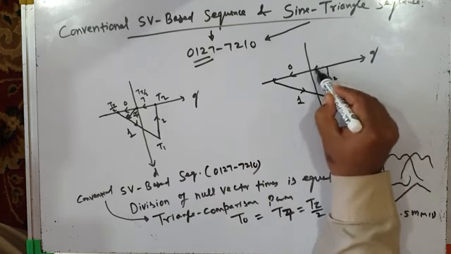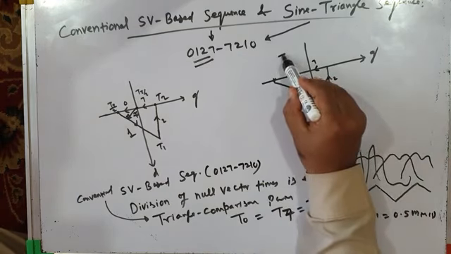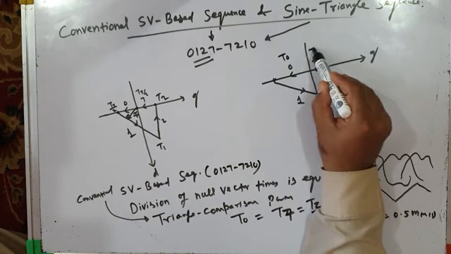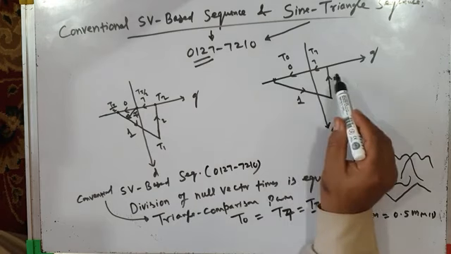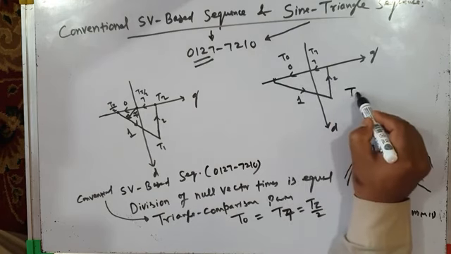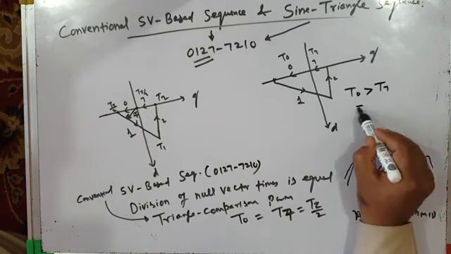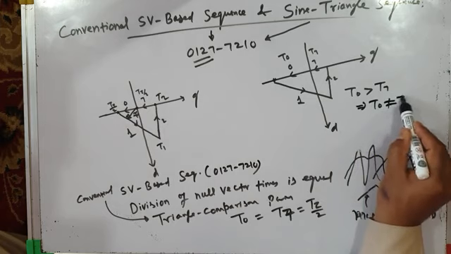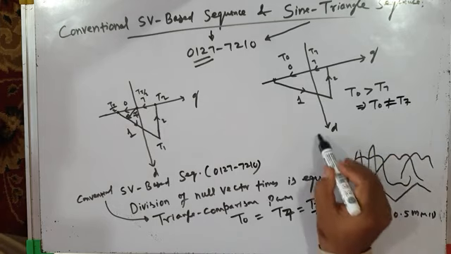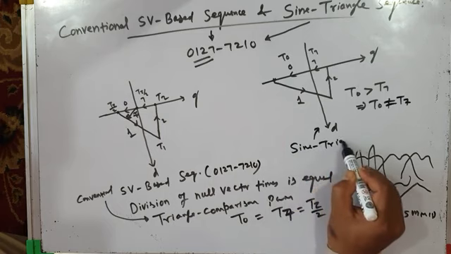And then null vector 7 is applied. Now you can see very interestingly that this time interval T0 is not equal to time interval T7. That is, the division of null vector timings is not equal. So T0 in this case is greater than T7, which means the null vector timings are not equal. T0 is not equal to T7 if you use sine triangle sequence, sine triangle PWM.